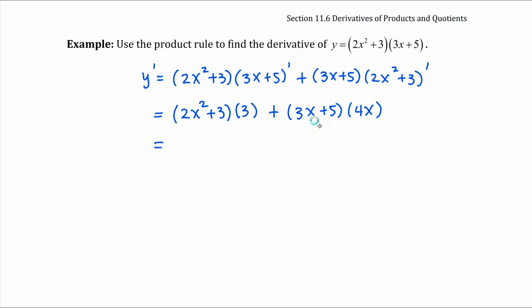So you have 6x squared plus 9 plus 12x squared plus 20x. And then you combine similar terms. You have 18x squared plus 20x plus 9.